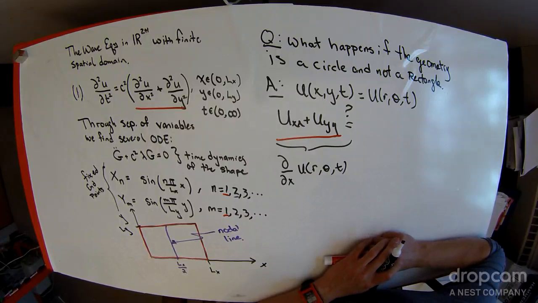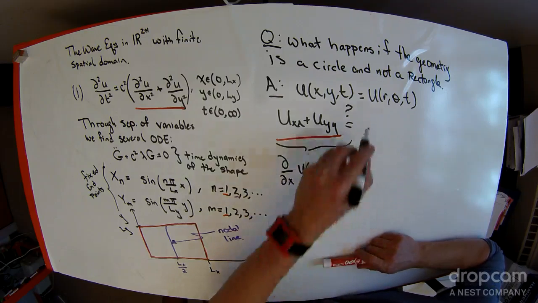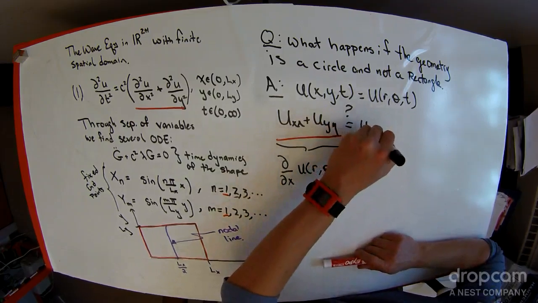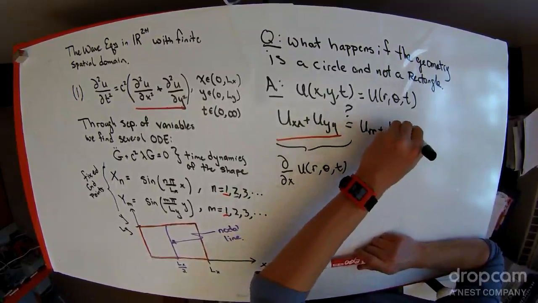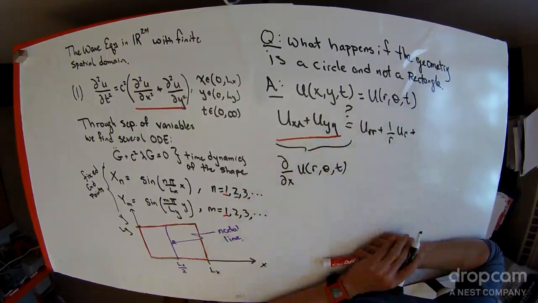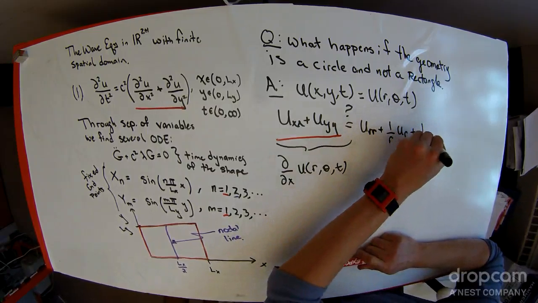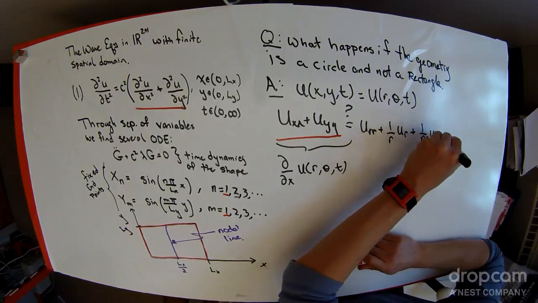When you apply the multivariate chain rule to this set of partial derivatives, you get u sub rr plus 1 over r, u sub r plus, I think it goes like 1 over r squared, u sub theta.